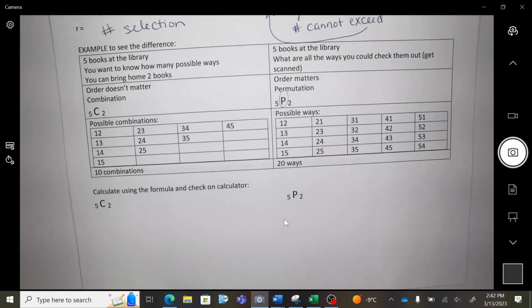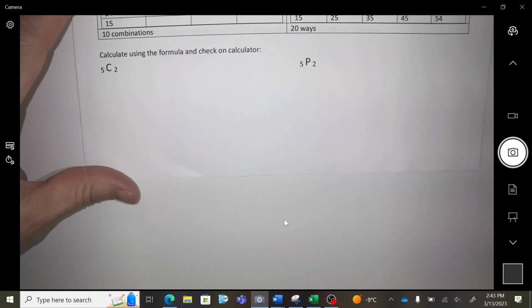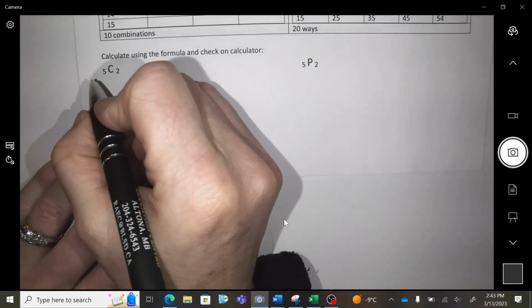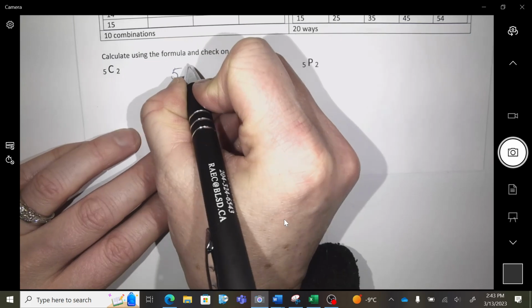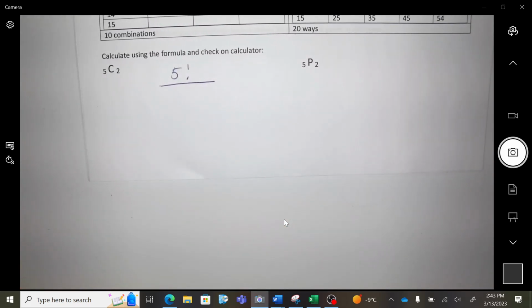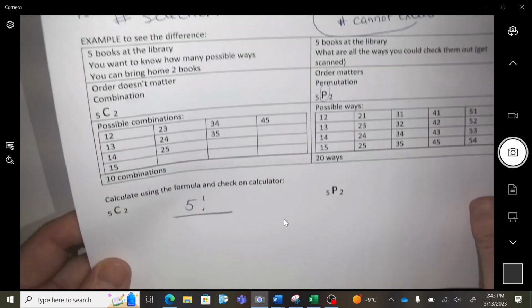Okay, so let's try using the formula. 5c2. So this is 5 factorial. Are you looking ahead to your formula here on the top that we wrote down? 5 factorial.